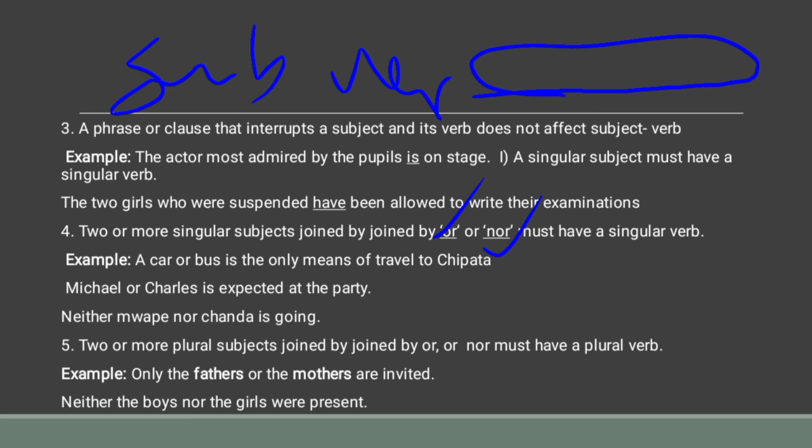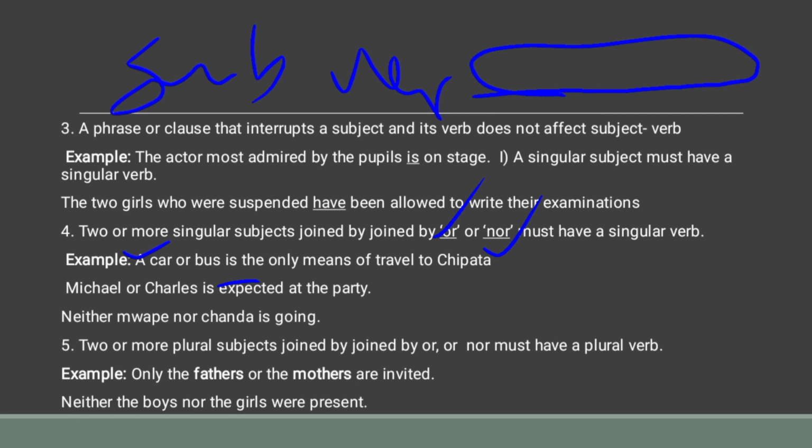For example, a car or bus is the only means of travel to Chipata. Don't say a car or a bus are the only means of transport to Chipata.